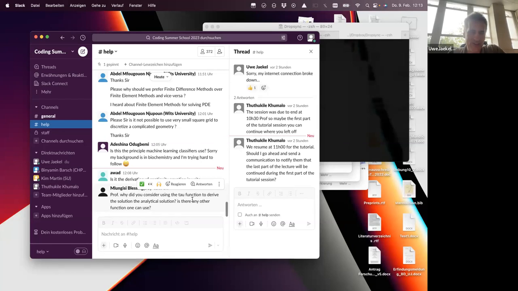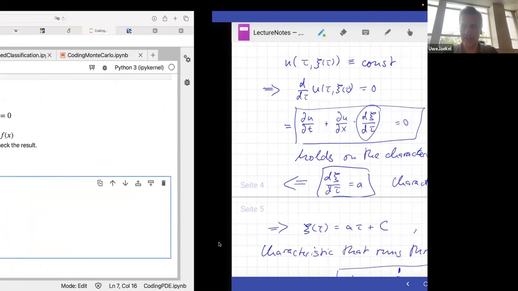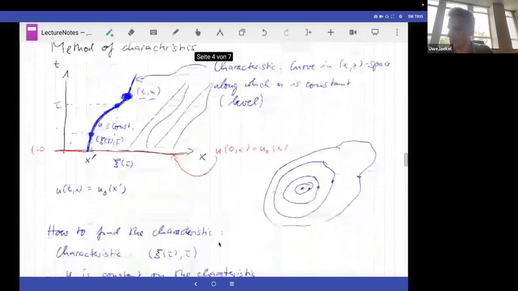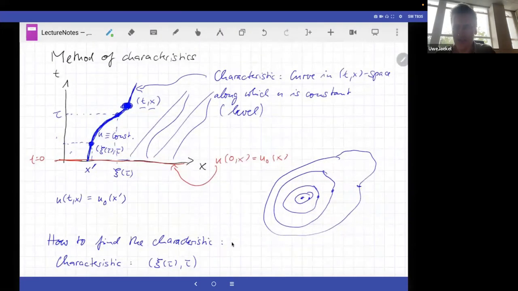Okay, so the question is, why did you consider using the tau function? So tau was a variable. Let me get back to the method of characteristics. Tau is a variable that says where we are on our characteristic. So tau equals 0 means we are here on the characteristic. Let's say this is t equals 1, t equals 2, t equals 3, and so on. Tau equals 2 means we are here on the characteristic.